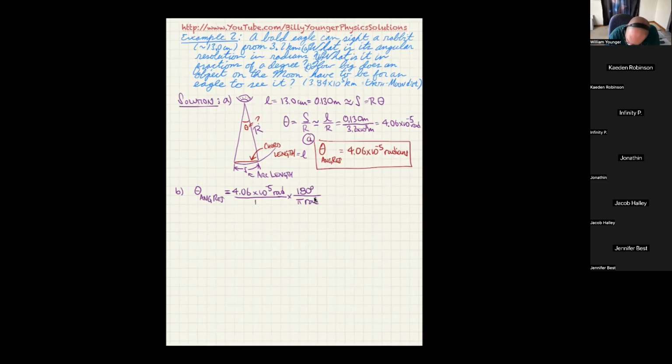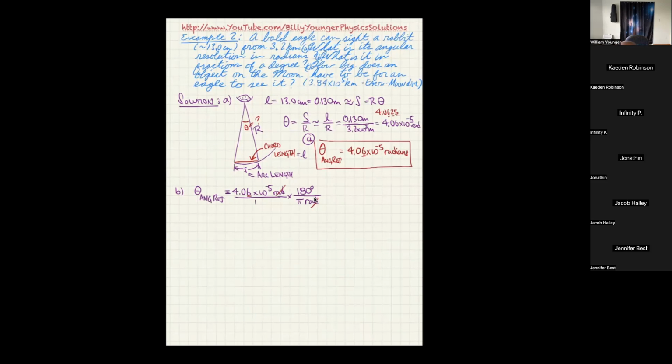That being said, we can see now that the radians cancels out with the radians. And I'm going to take this 4.06. By the way, it's 4.0625. I'll write that up here. That's actually, yeah, 3 sig figs too good. So even that 6 is not really a sig fig. So anyways, I'm going to take this 4.0625 times 10 to the negative fifth, and I'm going to multiply it by 180.